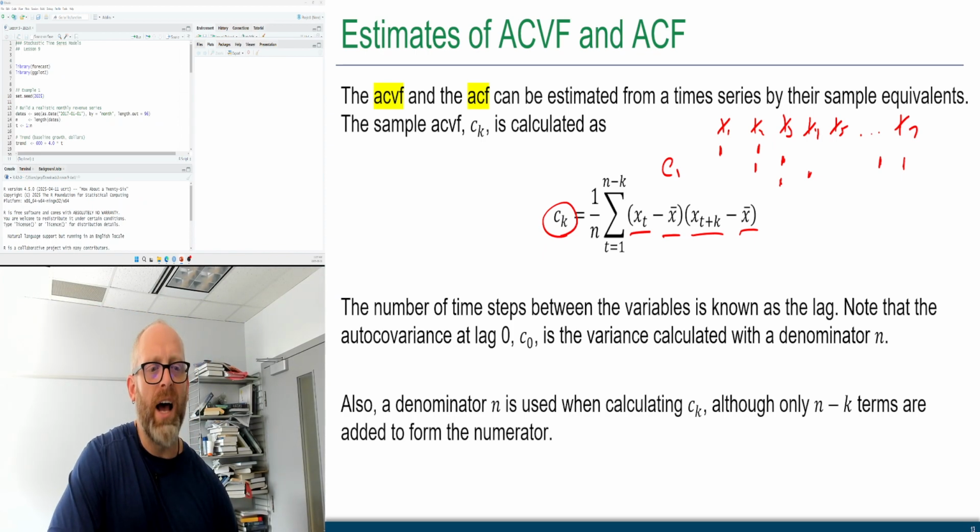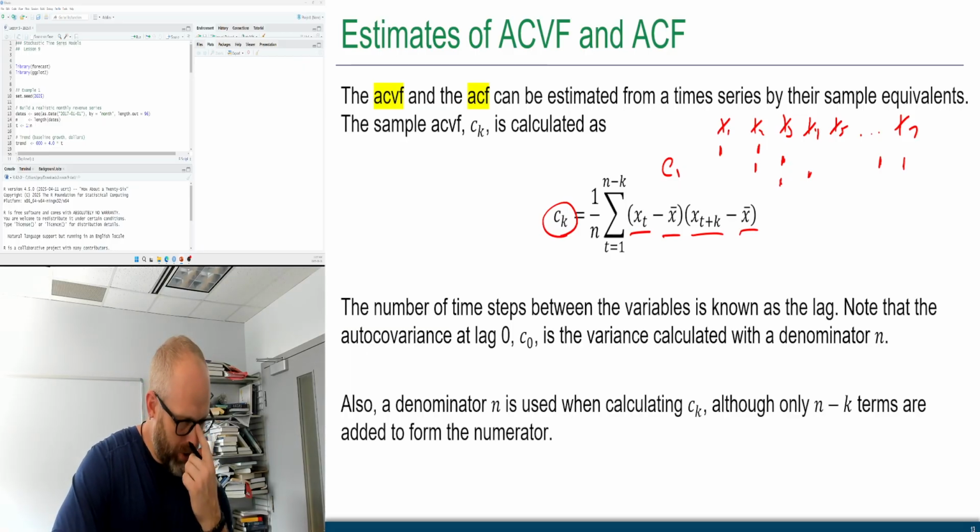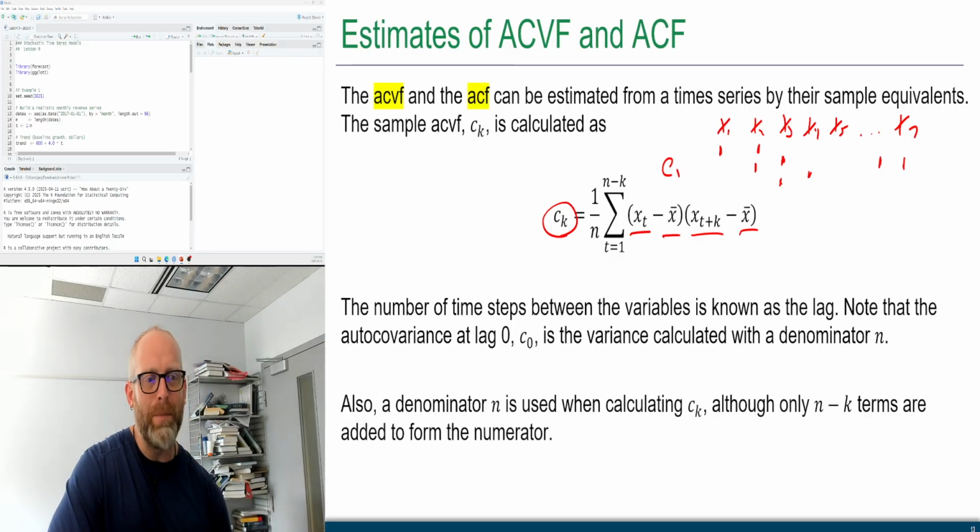So the number of time steps between variables is known as the lag, and the autocovariance at lag 0, C0, is just the variance calculated with a denominator of n. Note that we're always keeping the denominator n, even though we're not going to have n calculations on the top.